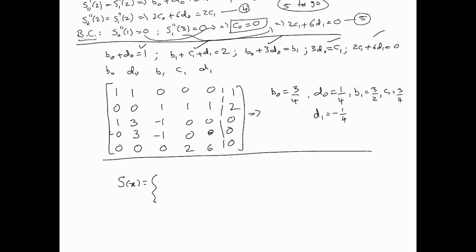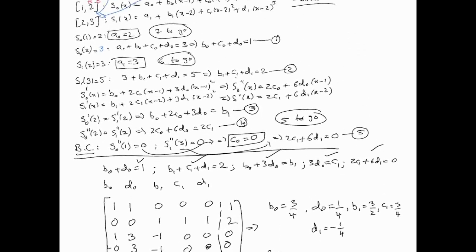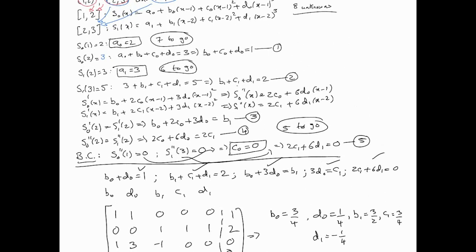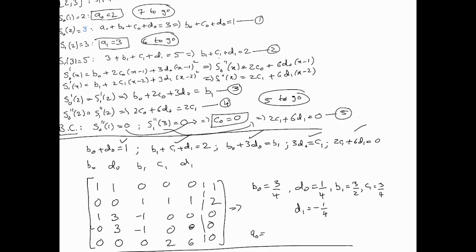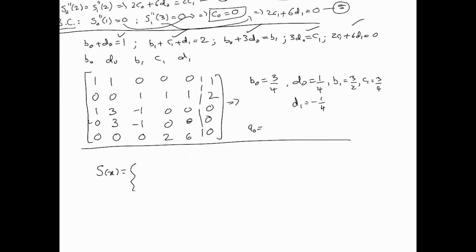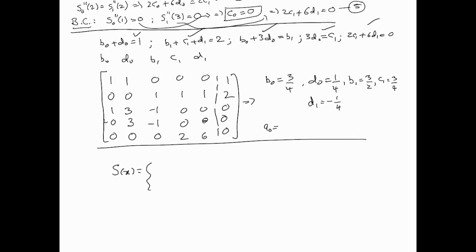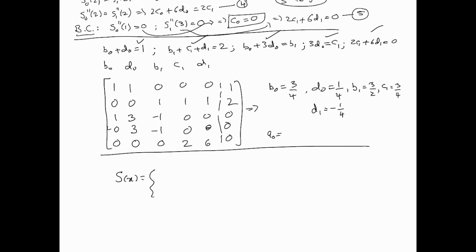Now let me bring back here, remember a0, we already have these, so just to remind you, a0 is 2 and a1 is 3, and c0 is 0. So now we've got 1, 2, 3, 4, 5, 6, 7, 8 of our unknowns.